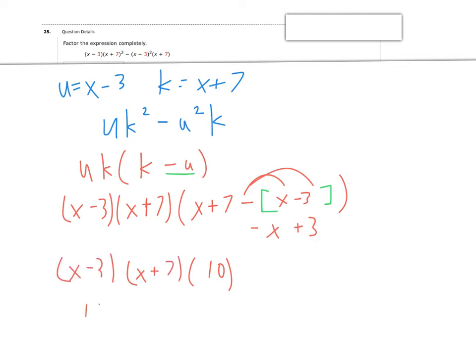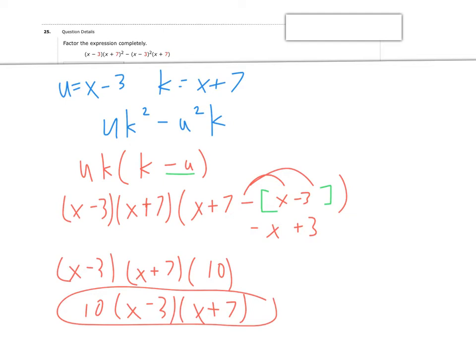That is done. If I have a constant like this, I like to move the 10 out front, like so.